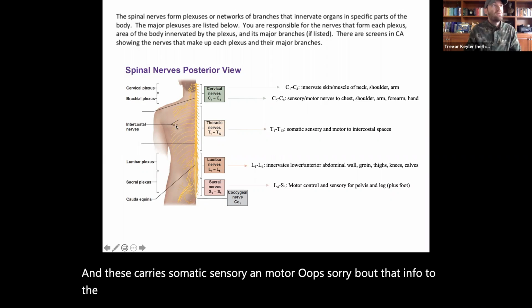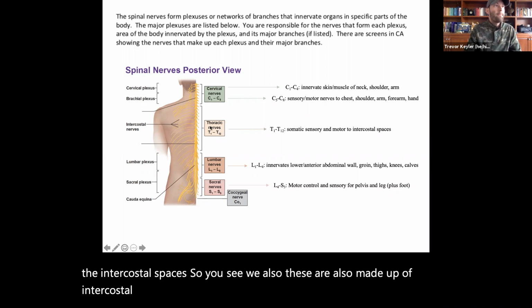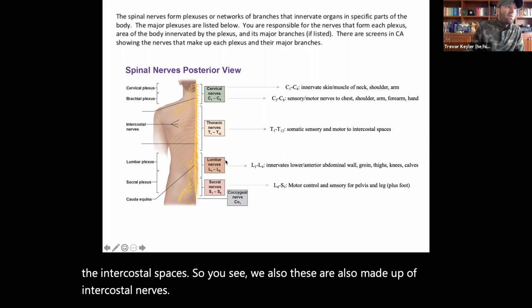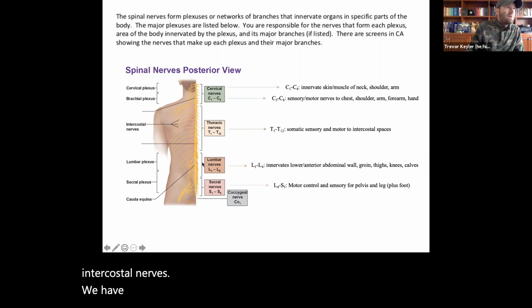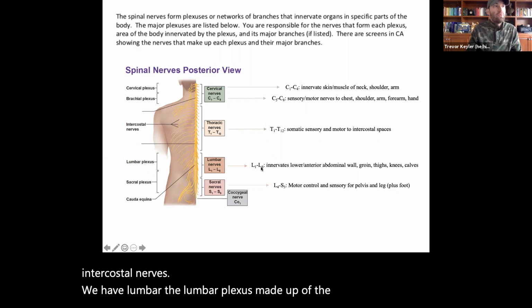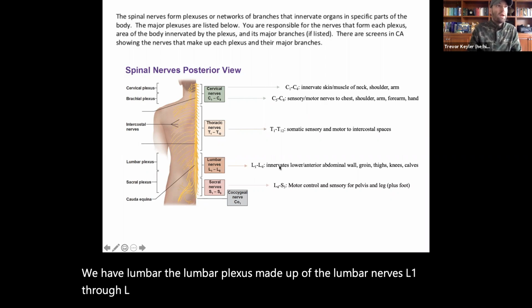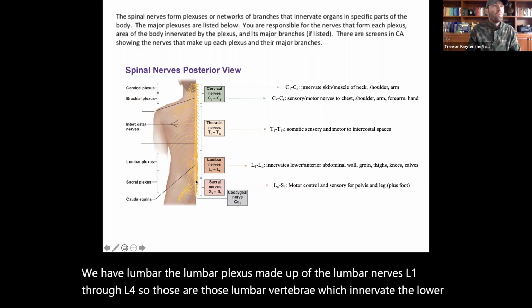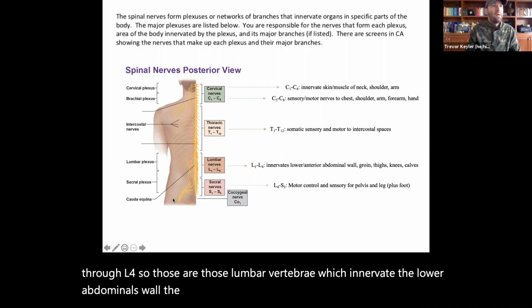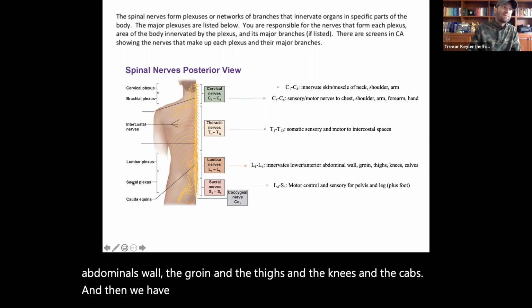So these are also made up of intercostal nerves. We have the lumbar plexus made up of the lumbar nerves, L1 through L4. Those are the lumbar vertebrae, which innervate the lower abdominal wall, the groin, the thighs, the knees, and the calves. And then we have the sacral plexus, coming from the sacral nerves.